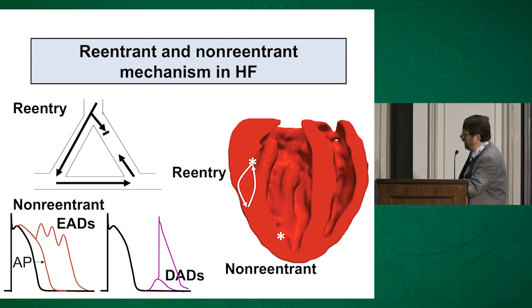But in addition, I would say that our group was one of the first to point out the presence and the importance of non-reentry mechanisms in the intact heart as real mechanisms that ultimately can lead to ventricular tachycardia.